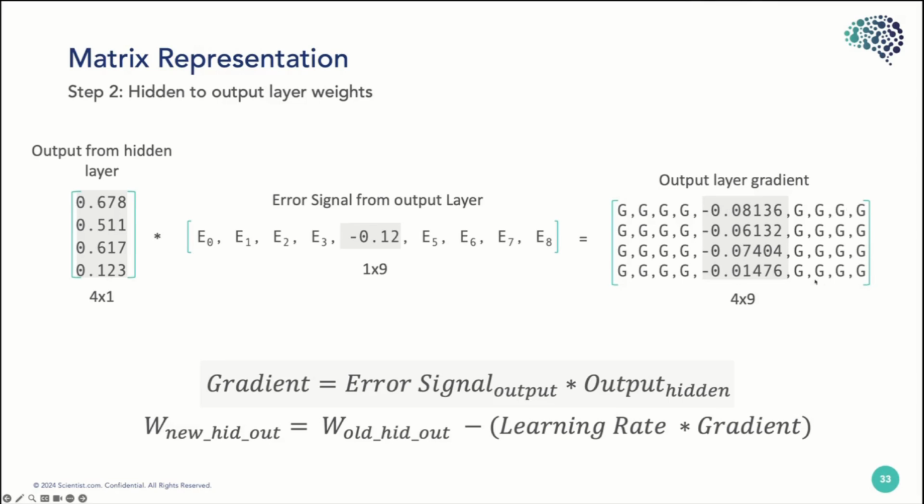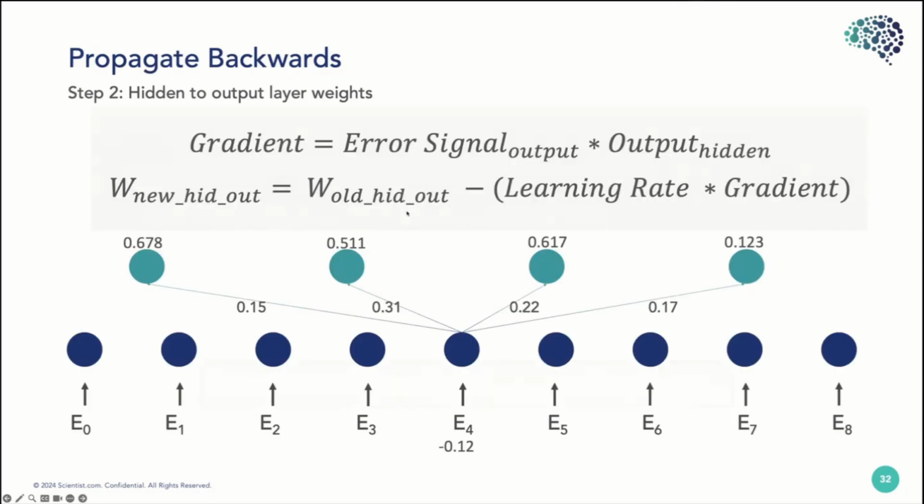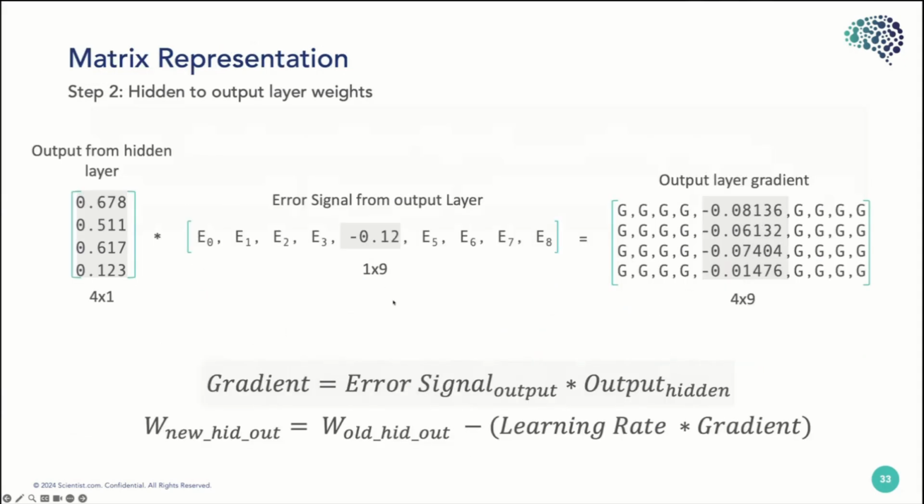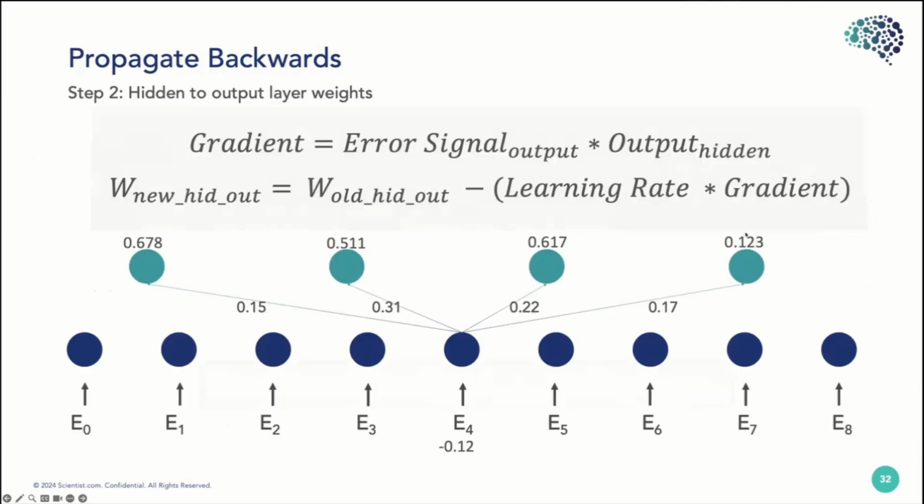This matrix has the same dimensionality as our weight matrix. So once again, the math is exactly the same. To get the value that I want to subtract from here, I multiply this by that. This is just a more compact notation for what visually we're doing here.